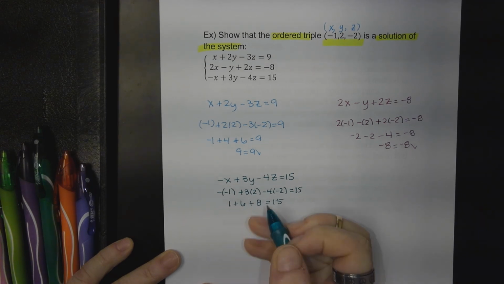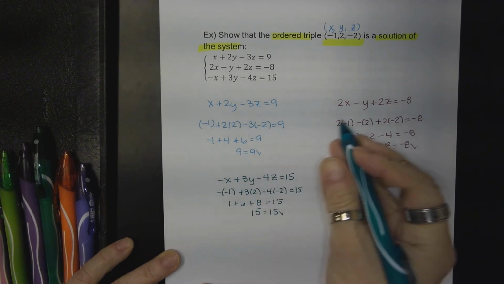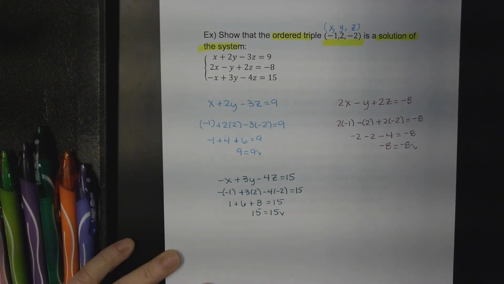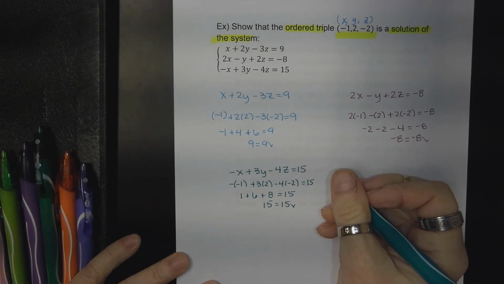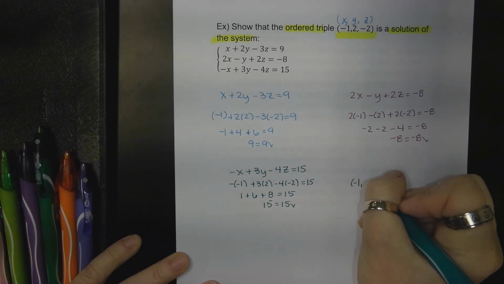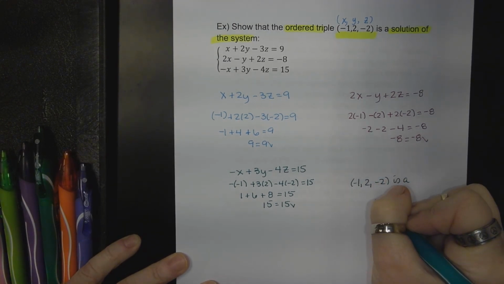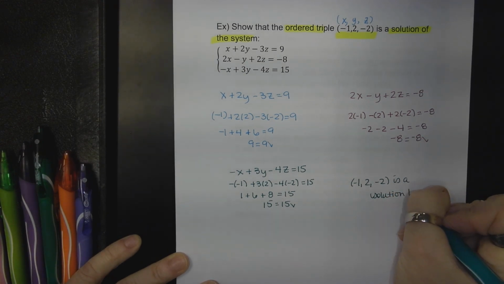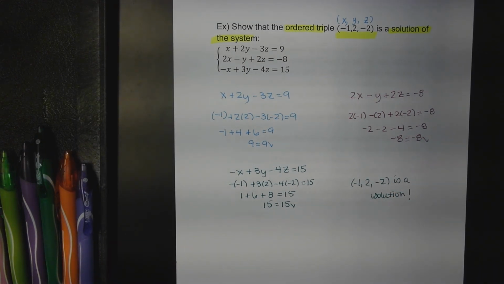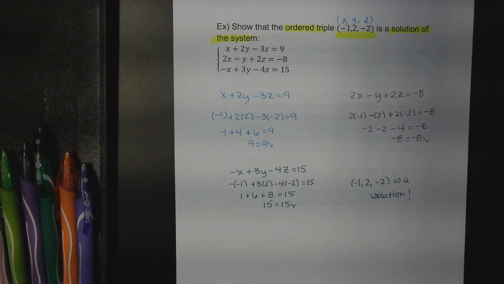So all three of these are true statements, correct? So -1, 2, -2 is a solution. Okay, that's how you figure out if it's a solution or not. Now, if one of these had not been a true statement, then it would not be a solution.